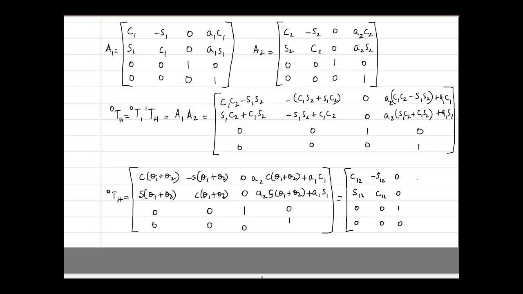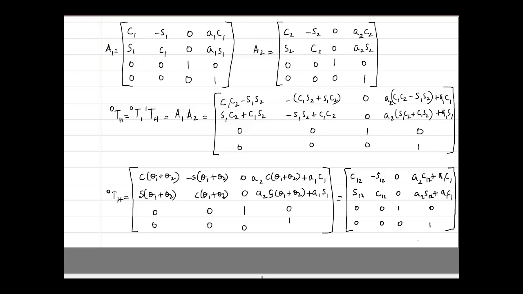The final position will be a2 c12 plus a1 c1 and a2 sine 12 plus a1 s1 with 0 and 1 as the final value, and that finishes the transformation equation.